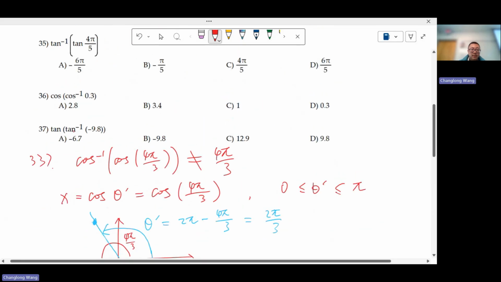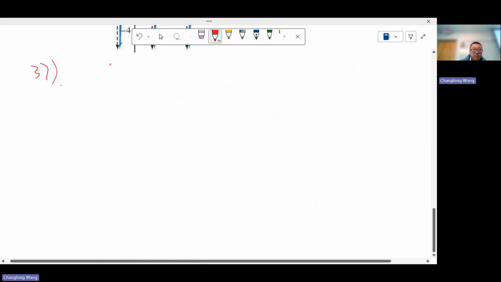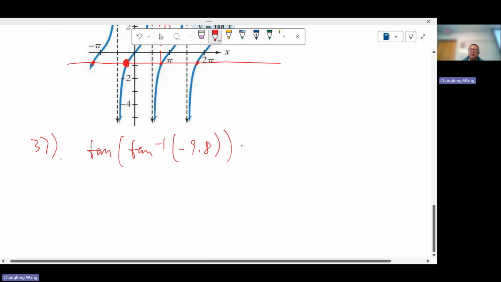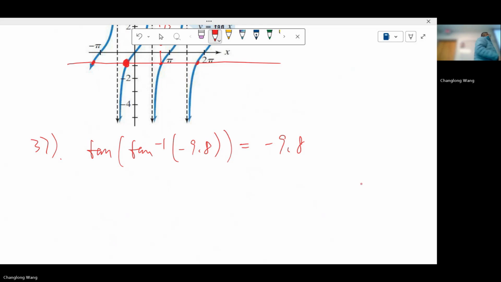All right, so tangent of tangent inverse of negative 9.8, right? Now again, what was your first guess? You might say, well, negative 9.8, right? Is that right? That means, does that number fall into the range of the tangent?